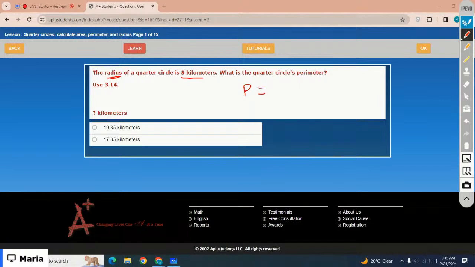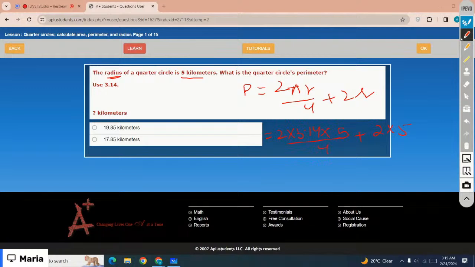So the formula for the parameter of the quarter circle is 2 pi r over 4 plus 2r, right? Just replace the values: 2 times 3.14 times 5 divided by 4 plus 2 times 5.